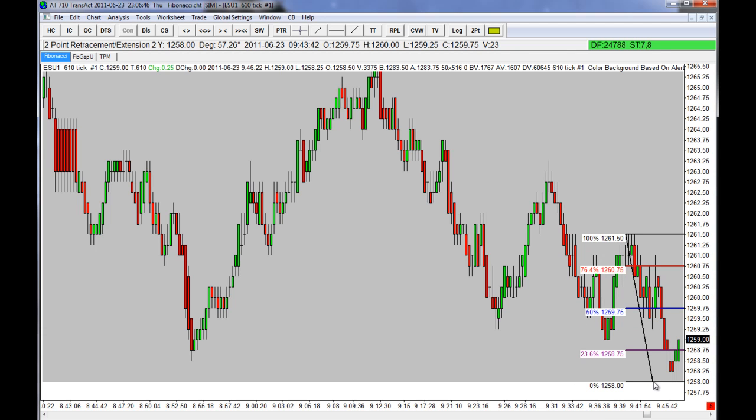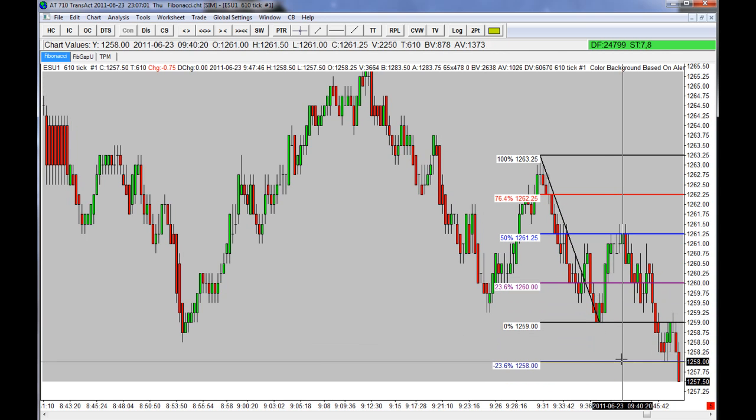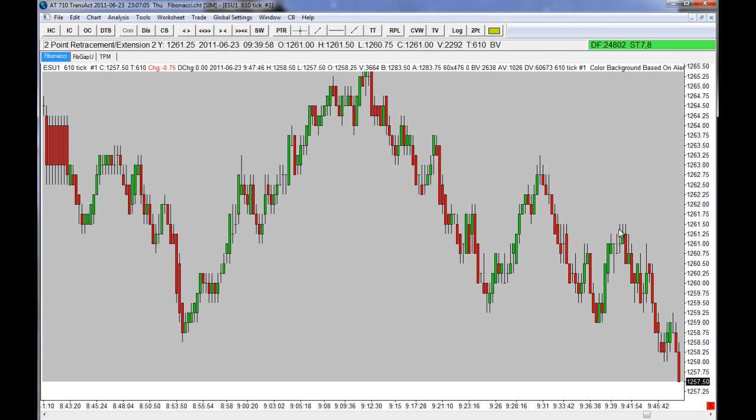However, at this point it did not meet the criteria for the first rule. It had to go down to 12.57.50, which it did right there. So I drew my new fib.